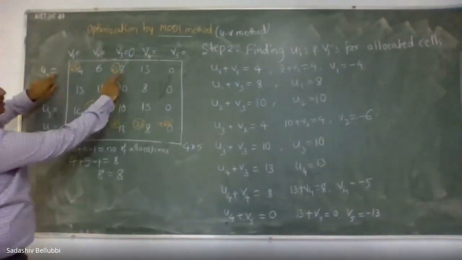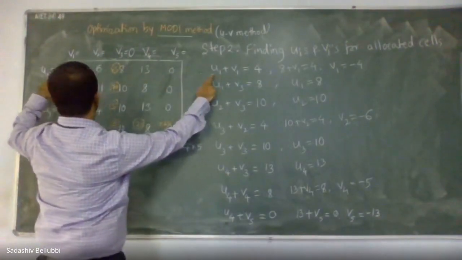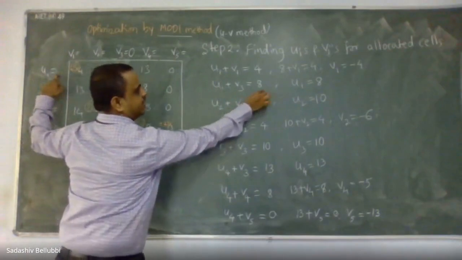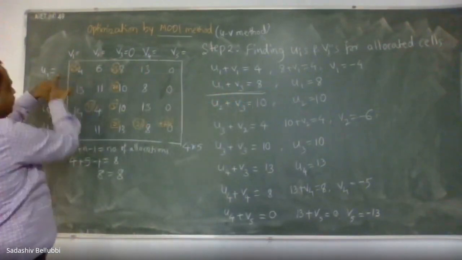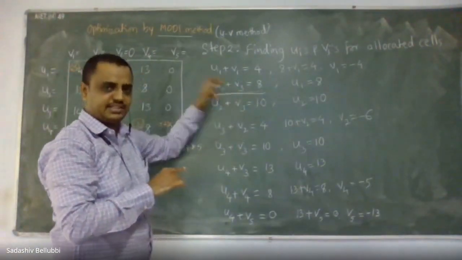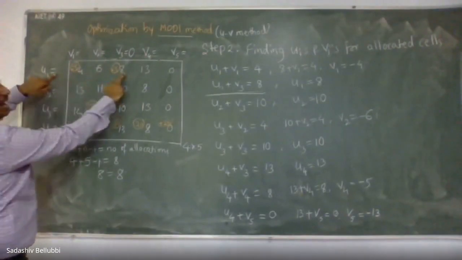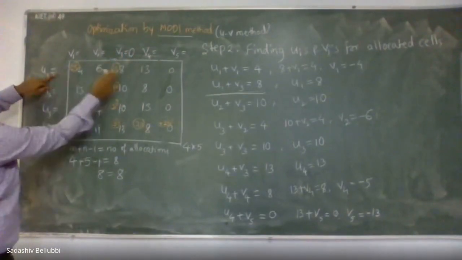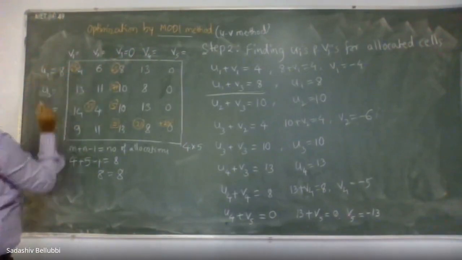Just check this. The equation is u1 plus v3 equal to 8. If you want to find the u1 value, then u1 equals 8 minus v3. The same way, u1 equals Cij minus v3, that is 8 minus 0, which is 8.